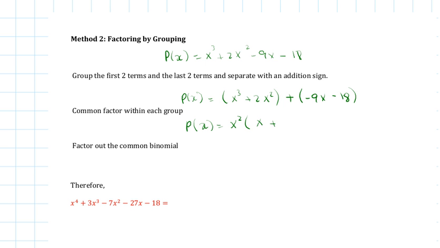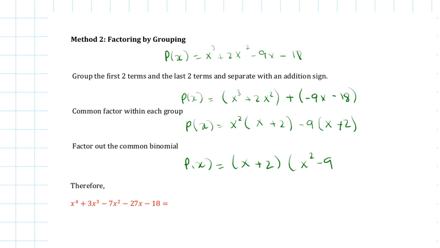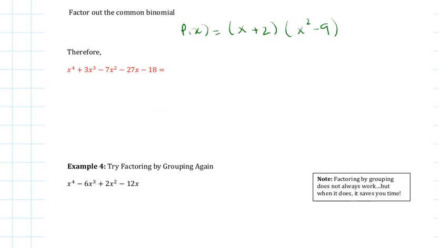Common factor with each group. So my common factor for the first one is x squared, and I'll be left with x plus 2. Common factor for this one is -9, and I'll be left with x plus 2. So you see that my common factor here is x plus 2. So that's going to be x plus 2. I'm going to factor it out, and I'll be left with x squared minus 9.